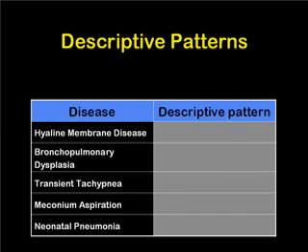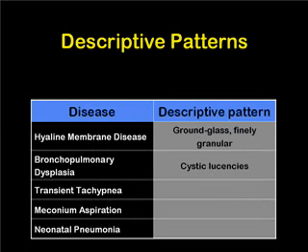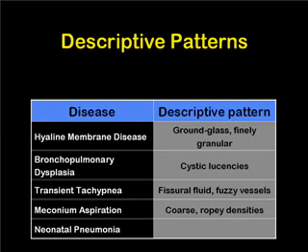If we look at the descriptive patterns, hyaline membrane disease is usually described as ground glass or finely granular. Bronchopulmonary dysplasia has cystic lucency separated by areas of fibrosis or atelectasis. Transient tachypnea has fluid in the fissures and indistinct vessels.